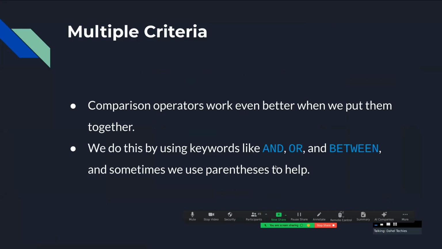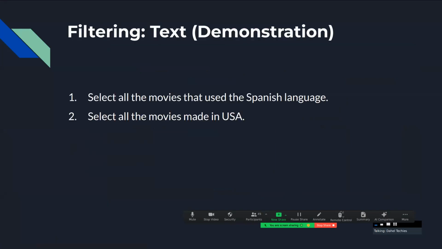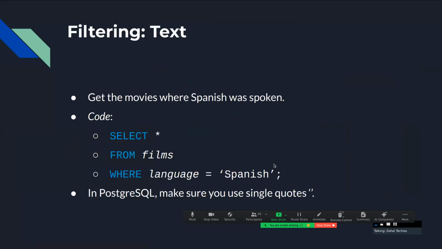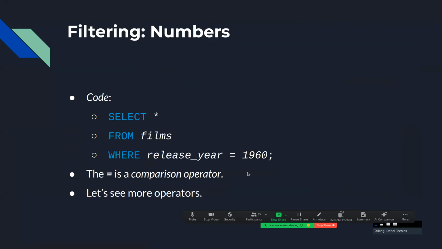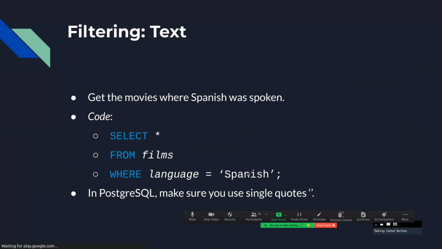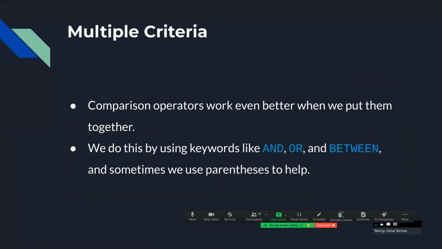Okay, the next part is multiple criteria. What we did before was filter based on one condition, that the language should be Spanish or the year should be 1960. But now we want to filter based on multiple criteria.